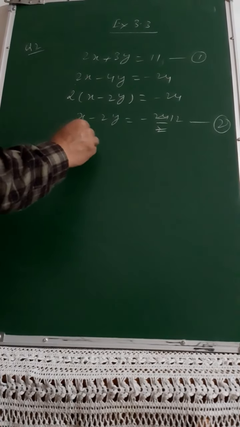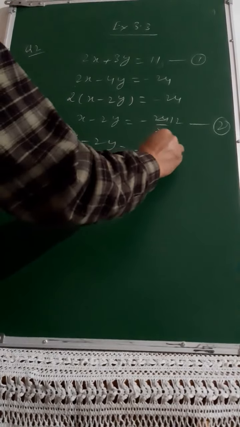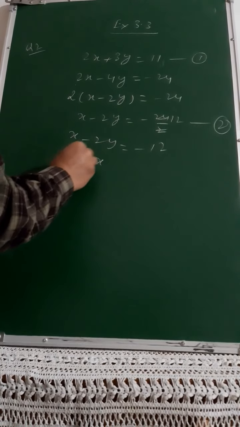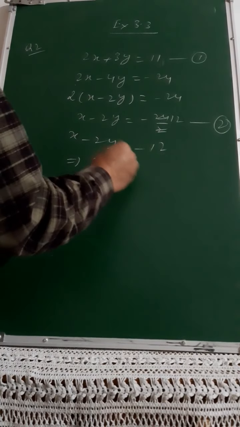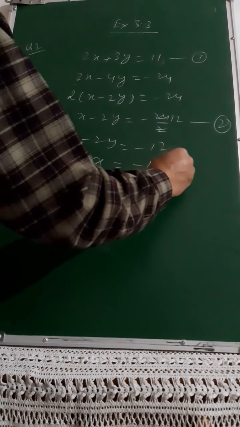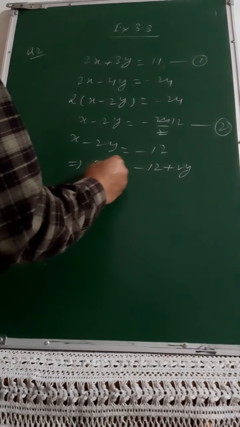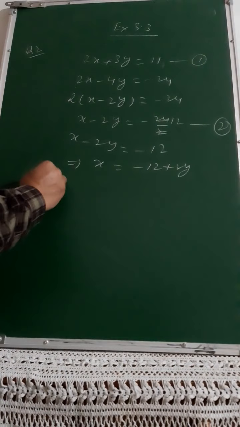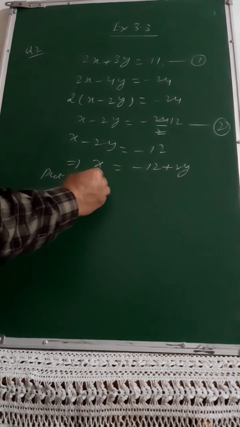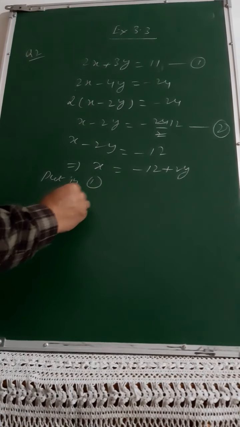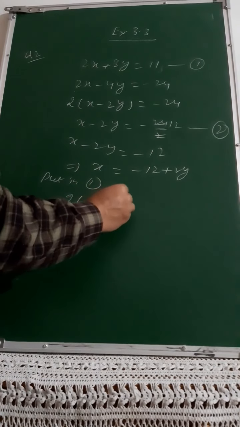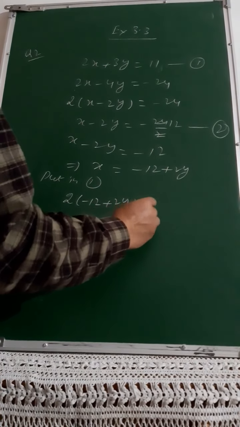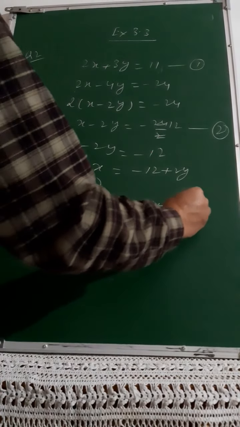So here is the second equation: x minus 2y is equal to minus 12, and from there I can substitute the value of x in terms of y. So that is x is equal to minus 12 plus 2y. If I put it in 1, then what happens here? 2 into minus 12 plus 2y plus 3y is equal to 11.